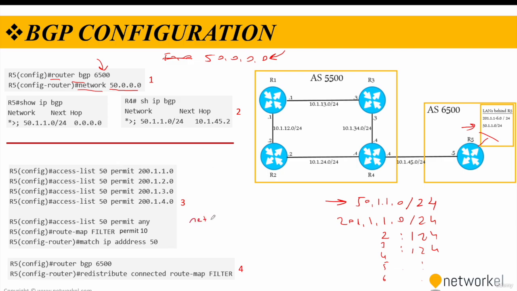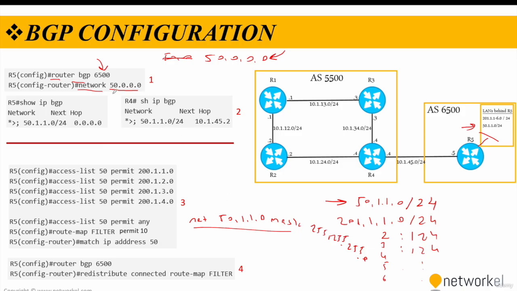Network 50.1.10.0 mask 255.255.255.0. Okay, so the correct usage is like this.